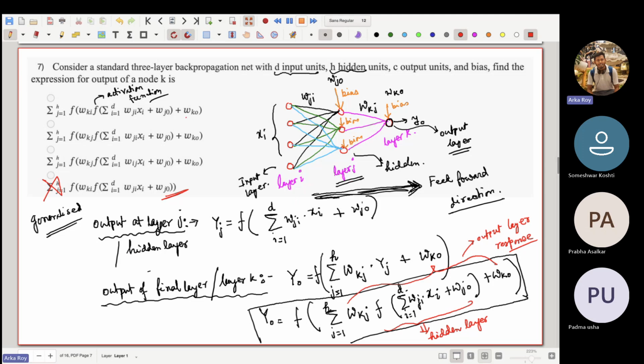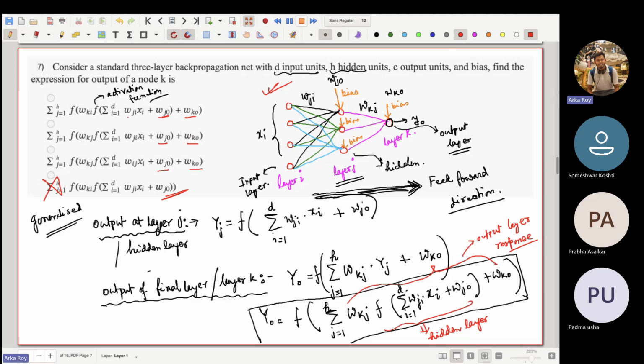All of them have written Wk naught, so the last layer bias is correct in each case. With this convention, since i, j, k are considered sequentially, the bias is Wj naught in all cases, so the bias is also correct.